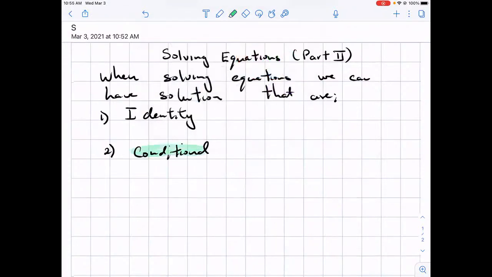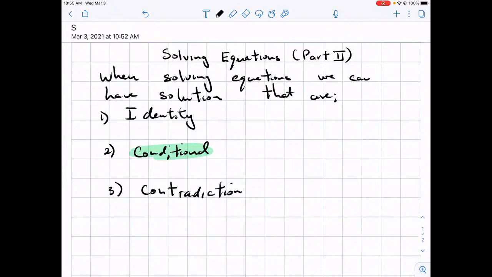Okay, it's conditional. Or we can have something that's a contradiction. And in the first part, I showed you examples on all of these.